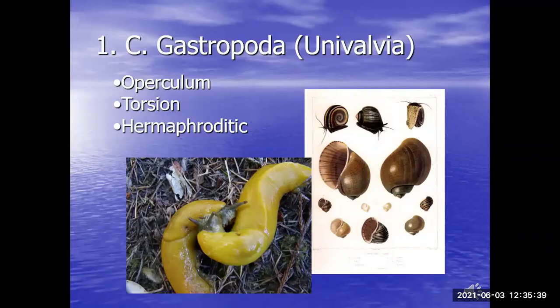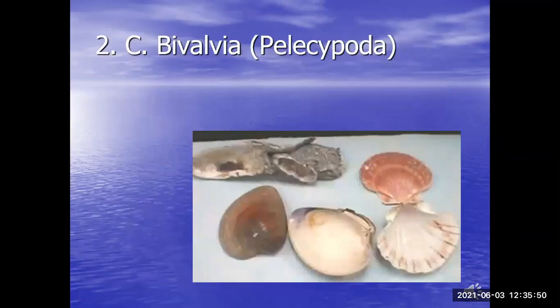And at the end of the muscular foot, when it's done extending, a knob comes at the end of the foot and enlarges. So you have this muscular foot with a big knob on it. And then over the next few hours, it'll pull itself along using this as an anchor. And so that's how the clam moves through the sand bed.